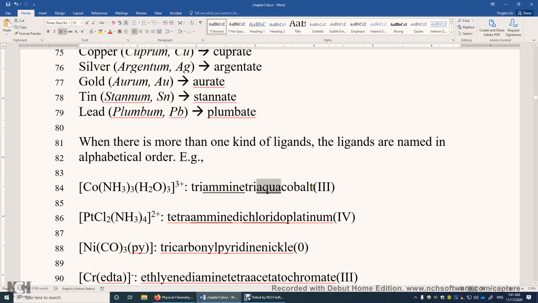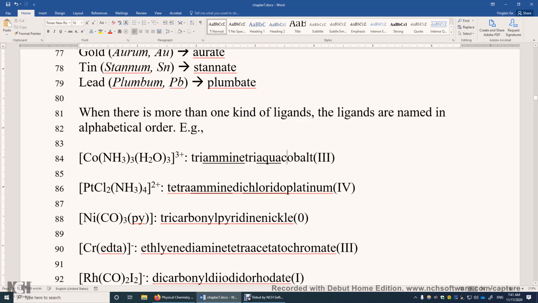The oxidation number of cobalt is 3. This is because these two ligands are both neutral. Now, in this case, we have two different kinds. We have chlorido ligands. We have ammine ligands. And ammine is in front of chlorido, so it's tetraammine dichlorido.